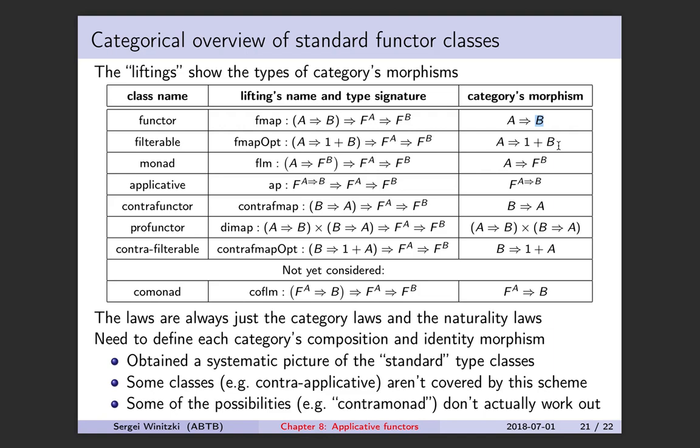Some categories have names. This category is the plain type category, which is not twisted. It's just a function that is not twisted. So this is the category of ordinary functions. This is the Kleisli category of the functor F. This is the Kleisli category of the functor option.